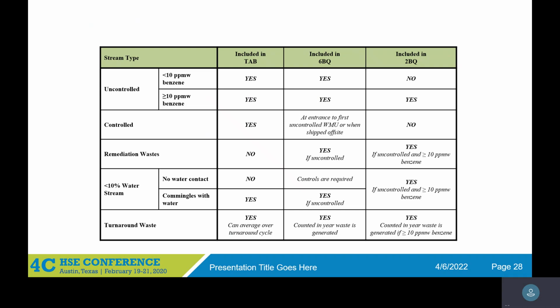Stream D is 30 ppm and is greater than 10% water.